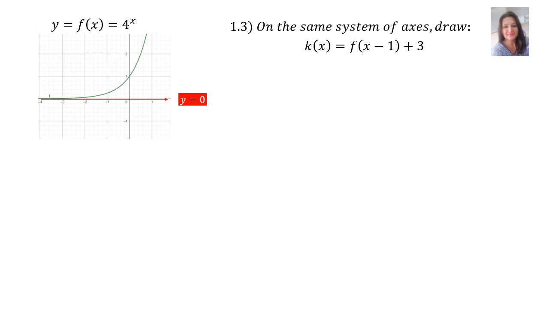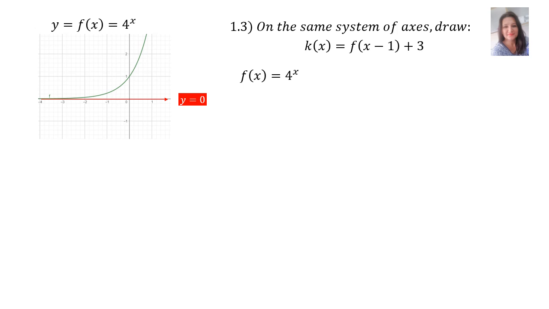1.3. On the same system of axes, draw, and then I want you to sketch k of x, and k of x is formed by f of x minus 1 plus 3. Now, what does that f of x minus 1 mean?